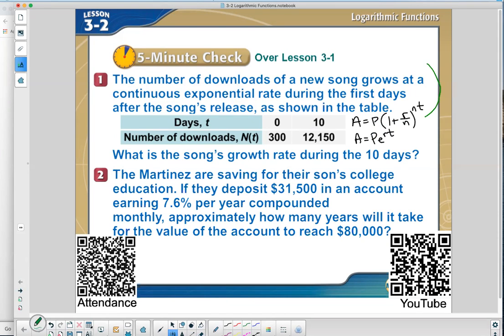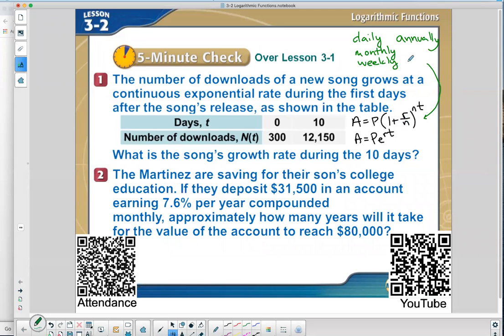You use the top formula if you're told a certain number of times per year. So if you see a word like daily, which means each day of the year, or monthly, that would mean 12 times per year, since there are 12 months. If you saw weekly, there are 52 weeks in a year. If you saw annually, that means once per year. If you see any of these type words, you would use the top formula.